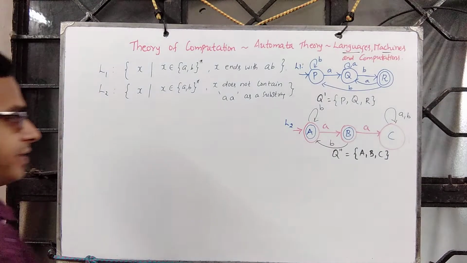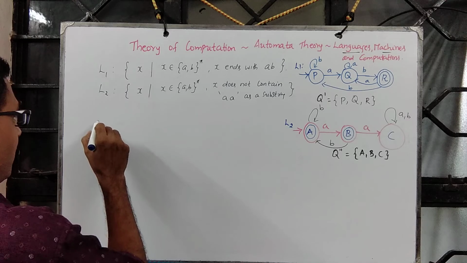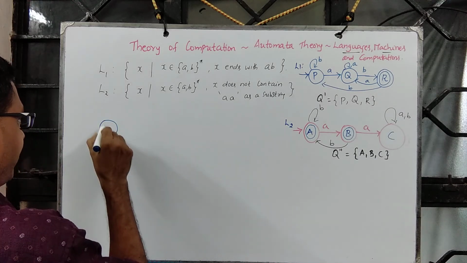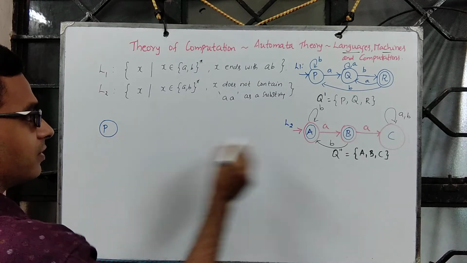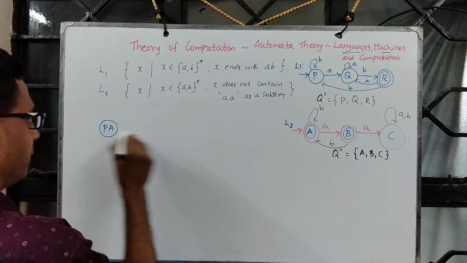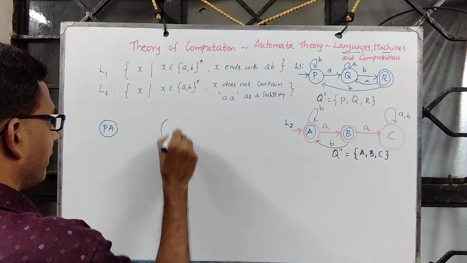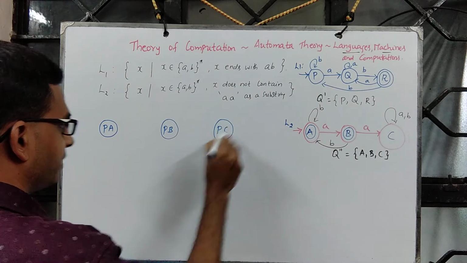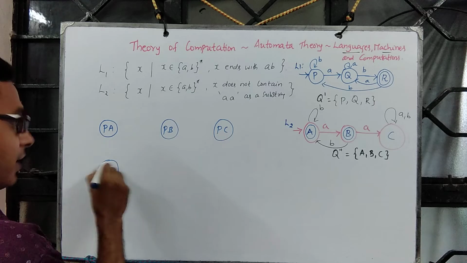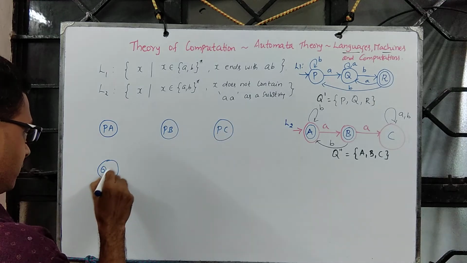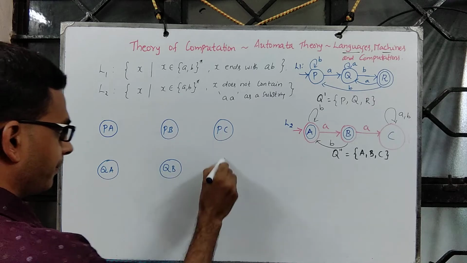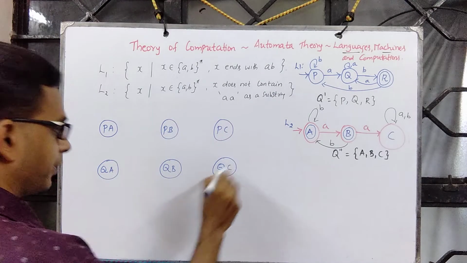So the framework goes like this. List the cross product, and for each element of the cross product have a state. So PA, PB, PC, and then the next one is QA, QB, QC.